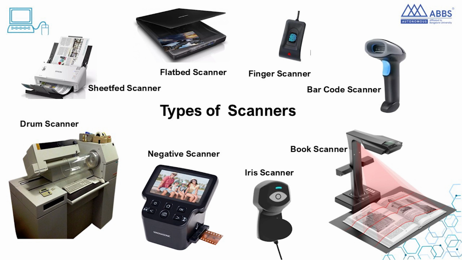Iris scanners and fingerprint scanners are specifically for enabling biometric reading. No two human beings can have similar handprints or iris. The iris scanner takes the retina readings as input and stores that as the data. We have fingerprint or iris scanners which can take the retina or the biometric as input.